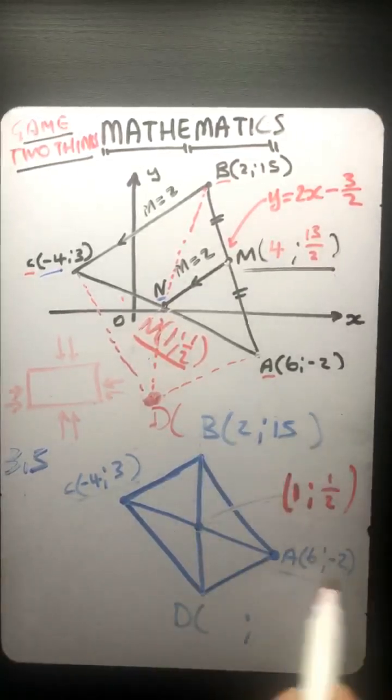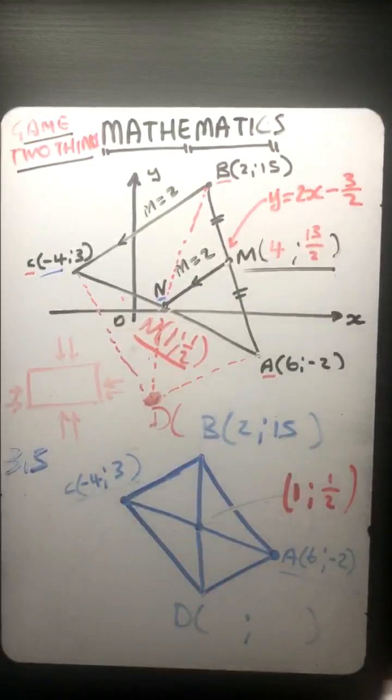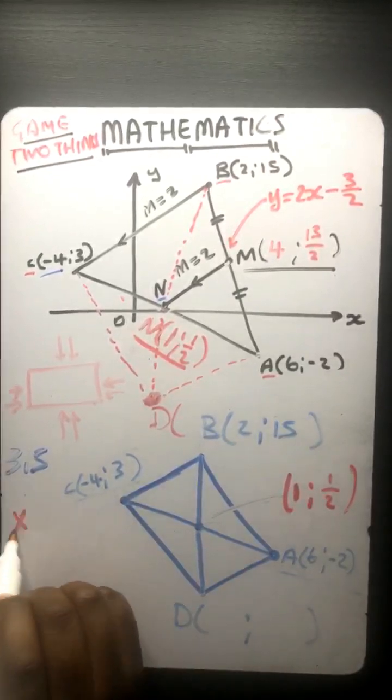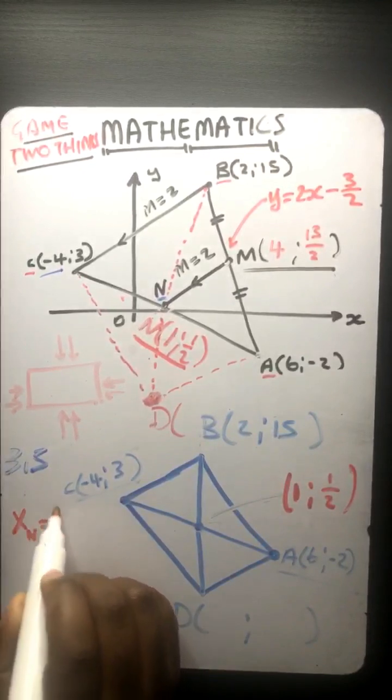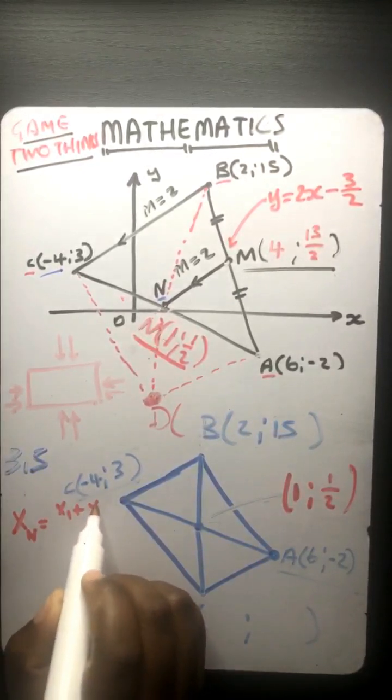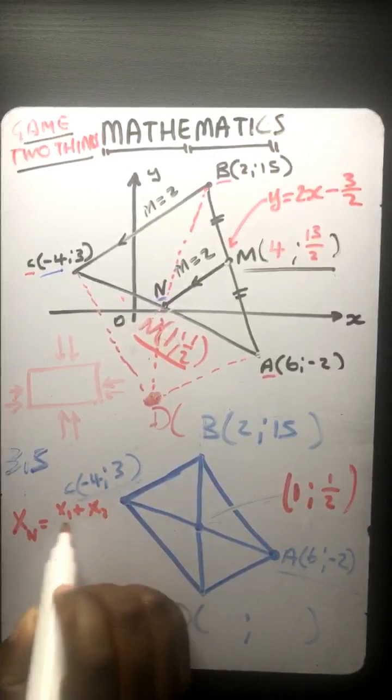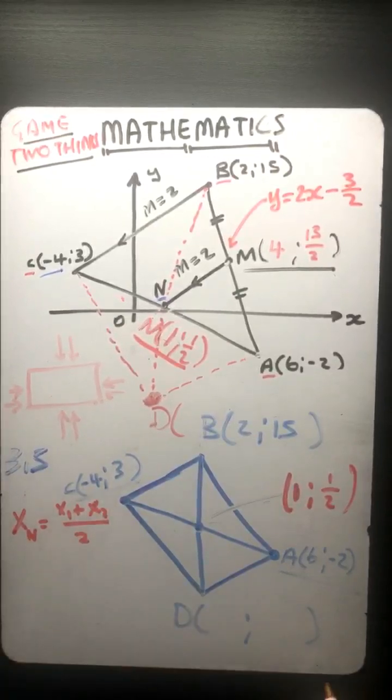You won't need to recalculate the midpoint of that. So this is where you say the x value of the midpoint is equal to x1 plus x2, you divide it by 2.